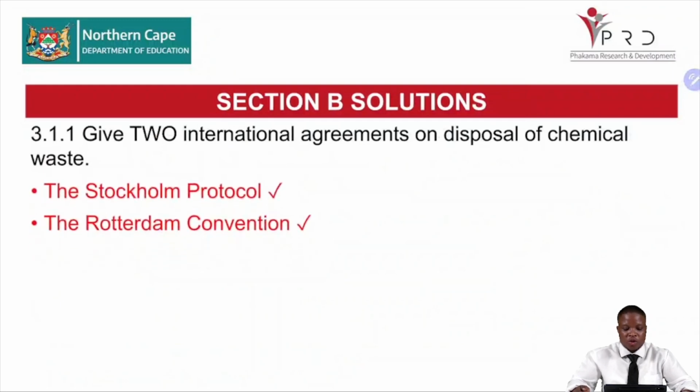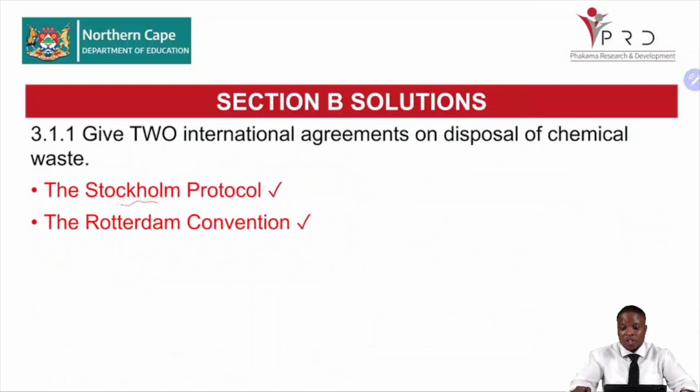Right, you find the Stockholm Protocol. This is the one that you find in your essay. But when you look at your book, you also have the Rotterdam Convention as part of an international agreement for chemical waste.